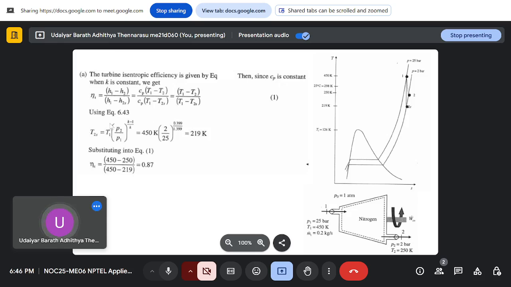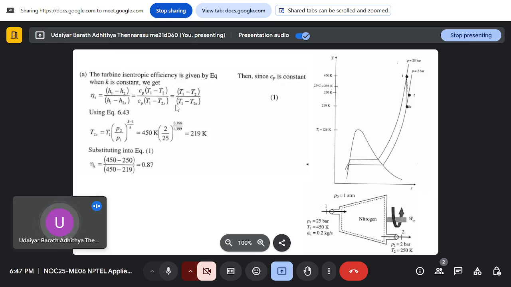So T2s is T1 into (P2 by P1) raised to the power (gamma minus 1) by gamma. Substituting the values, T1 is 450 Kelvin, P2 is 2 bar and P1 is 25 bar, and my adiabatic index gamma is 1.399. Substituting, I get T2s as 219 Kelvin. But my outlet is 250 Kelvin.